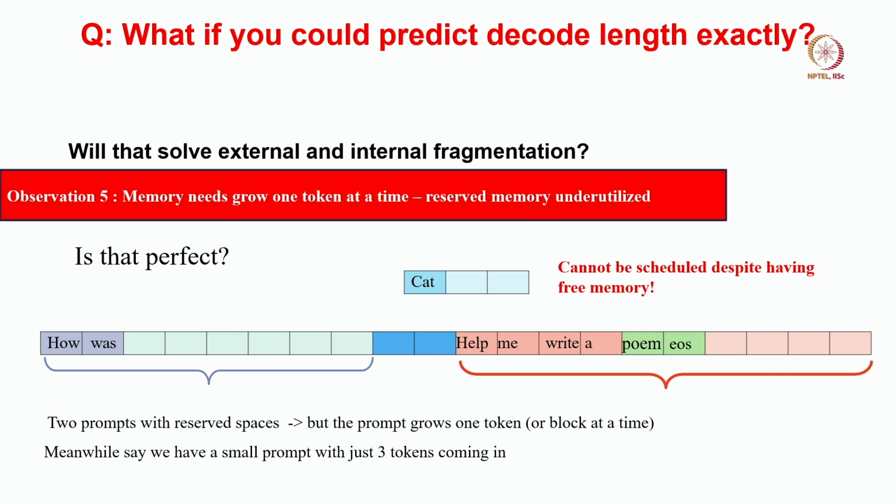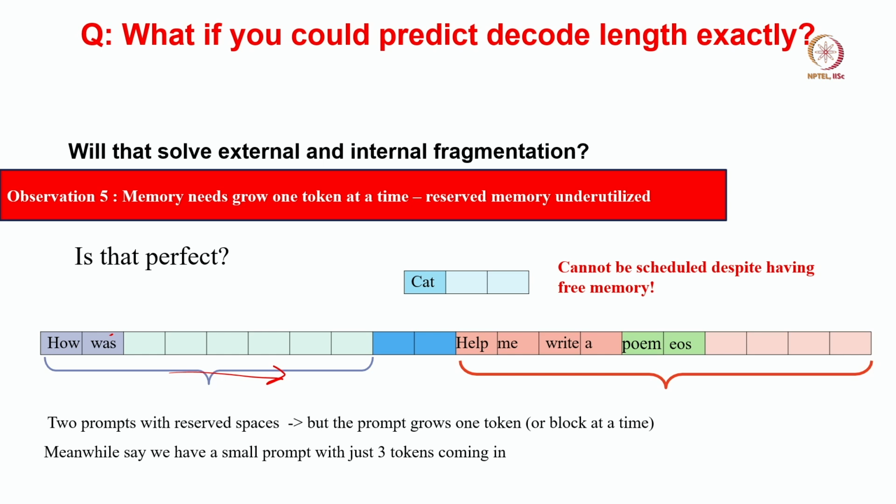Okay. So in this case the observation is that memory needs to grow one token at a time, so that means the reserved memory gets underutilized, correct. In this particular case, let's say "how was" is one prompt we already allocated. We didn't need to allocate all this memory because we already know that we will generate one token at a time. So we just need to allocate one slot.